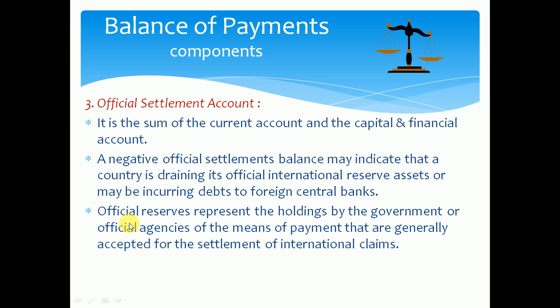Basically, the foreign currencies held by your central bank. And why do you need these official reserves? Why do you need foreign currencies? For making payment for the purchases that a country is making. For importing goods and services, you need dollars for making payment. So these are called official reserves.